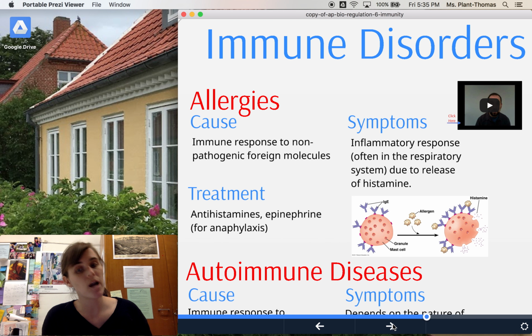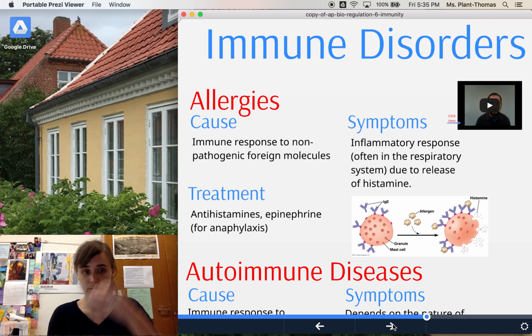So what is going on here is your inflammatory response, which is part of your non-specific immune system, acts up even though there's nothing bad going on. Basically, the person eats some sort of peanut, for example, or whatever the allergy-causing factor may be.